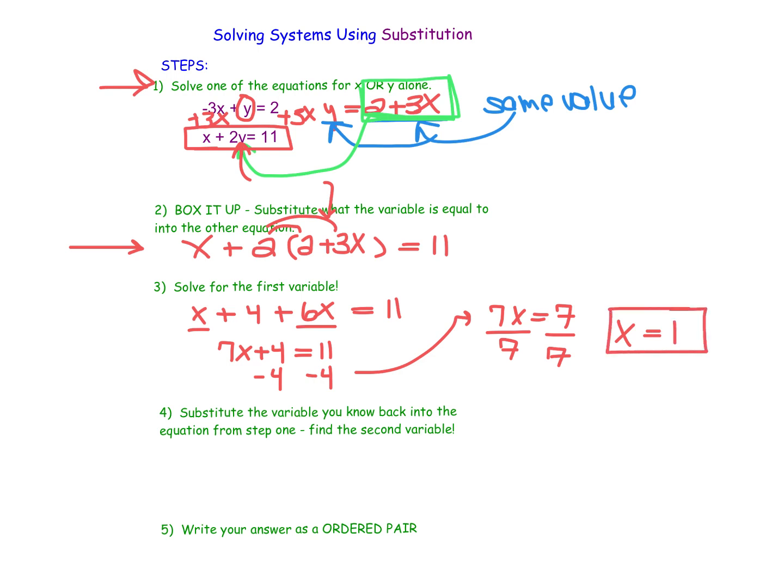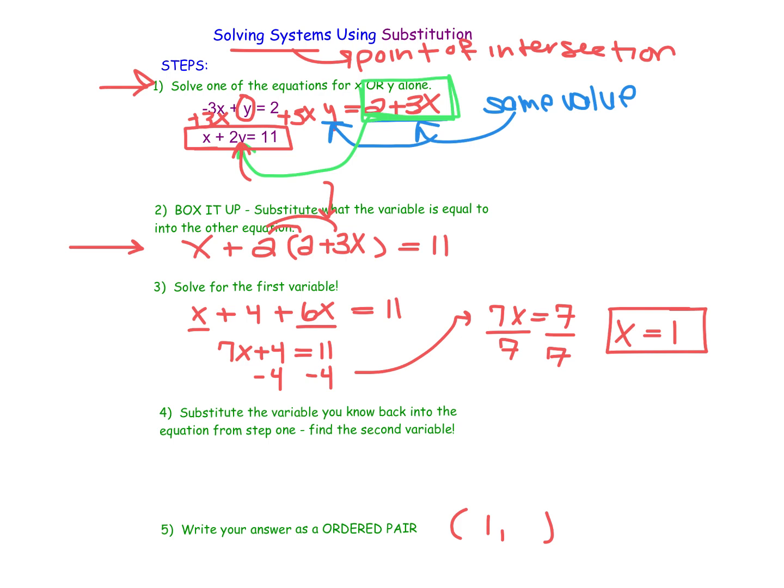Now remember, when we're solving a system, we are finding a point of intersection. So when I find my x value for my ordered pair, I have found that x is 1. And now what I need to find is the y value that pairs with it.